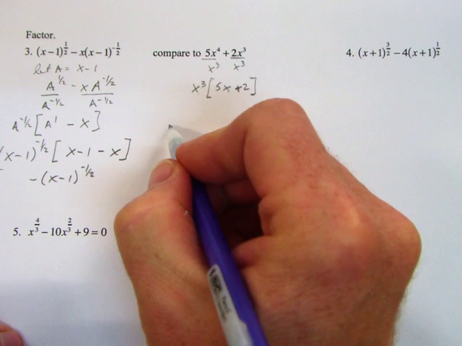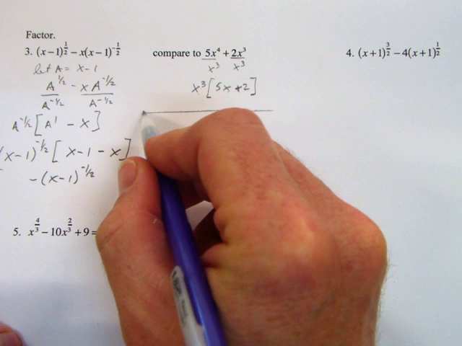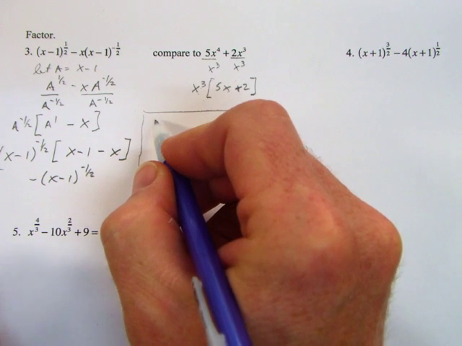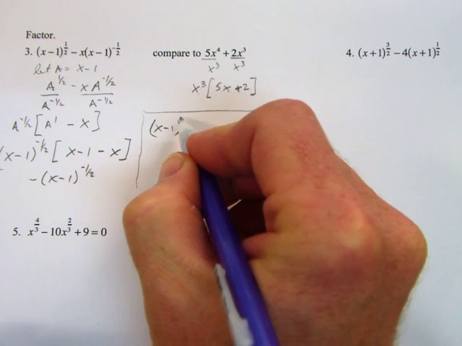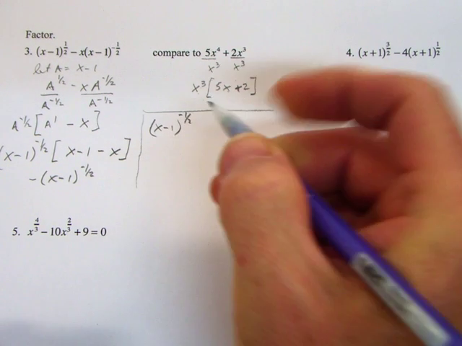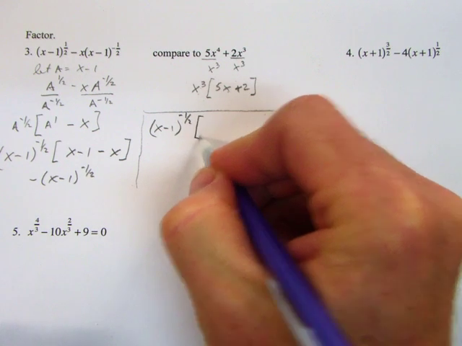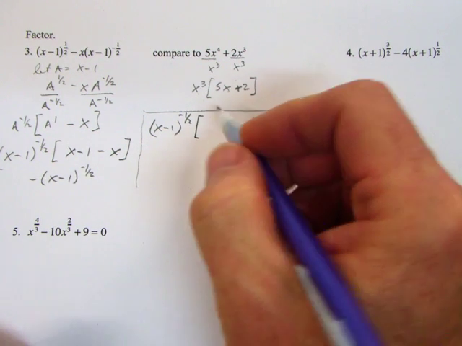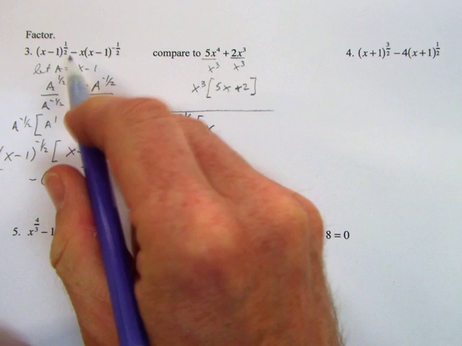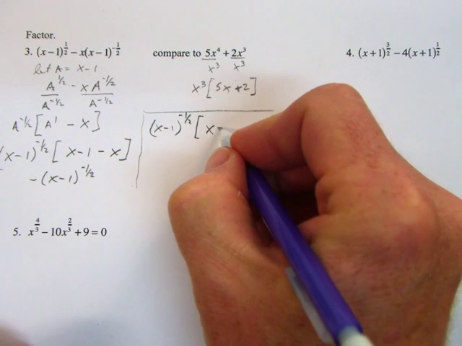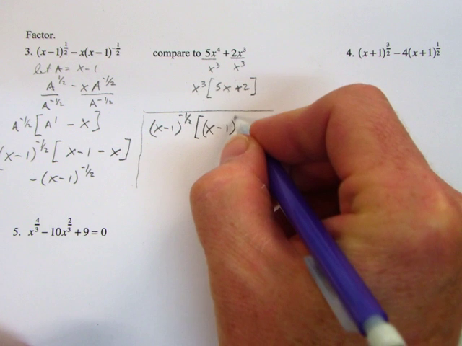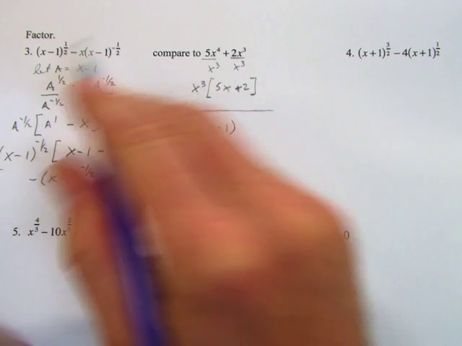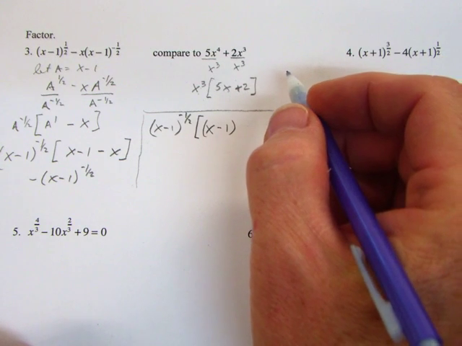So what if, instead of approaching it that way, we realize that we have x minus 1, and we say our smaller exponent is negative 1/2, and we're going to say times what? Well, we want to get x minus 1 to the positive 1/2, so negative 1/2 plus what number will equal positive 1/2?